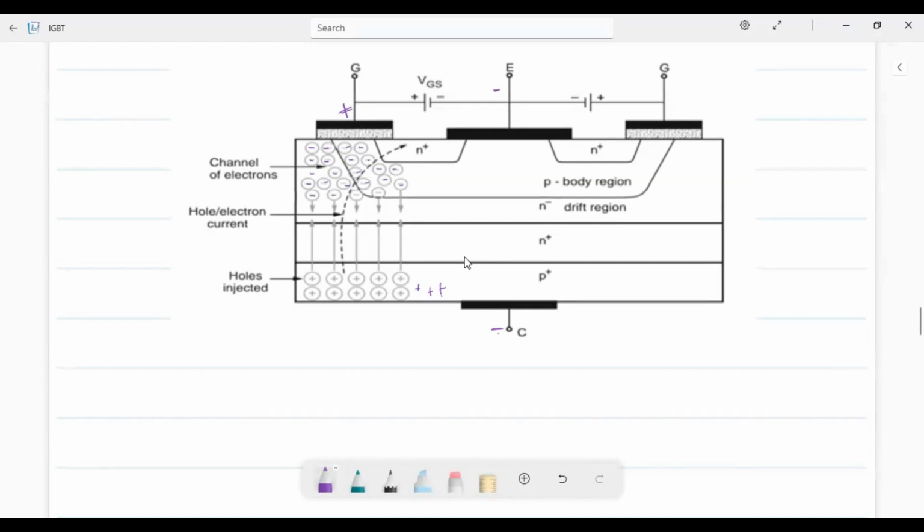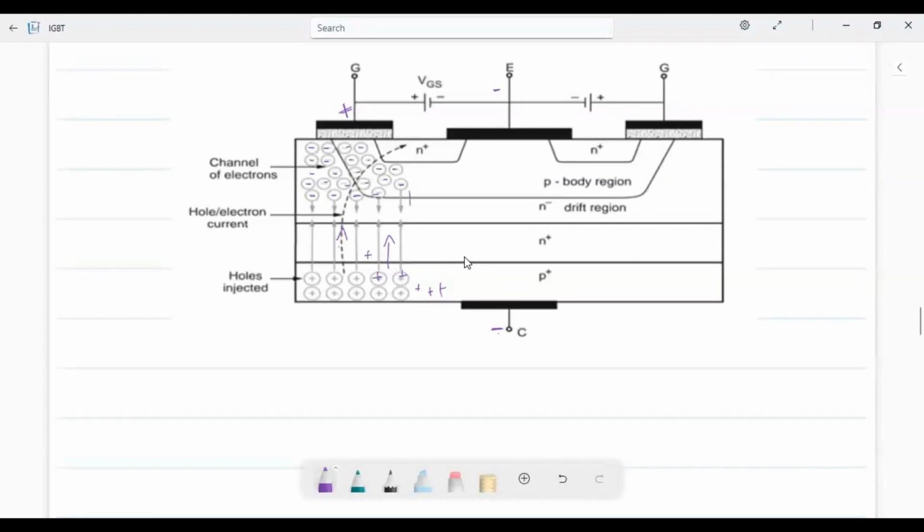As there is an N channel created here, there is a lot of carriers, a lot of electrons in this area. So automatically this will attract the holes from the P plus injection layer. So the holes from this P plus injection layer will start moving upwards. That means the current flow will be in this direction. From P plus to N plus, current will start flowing.